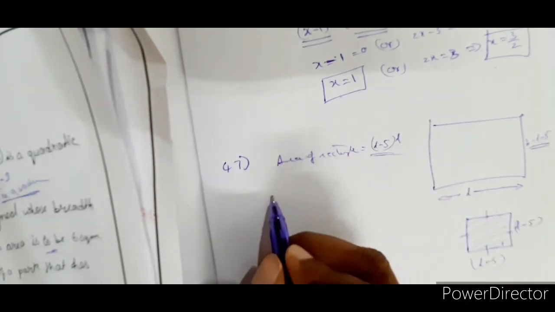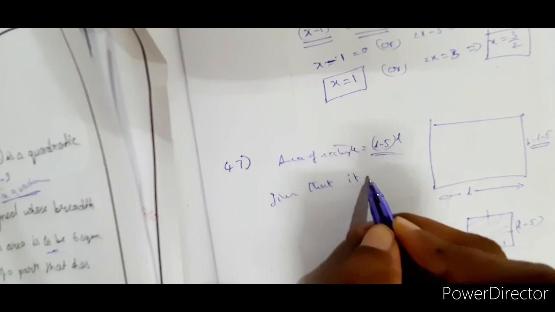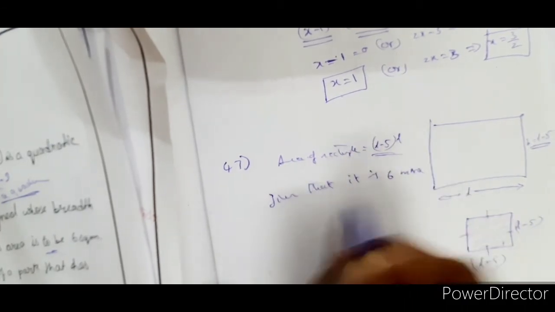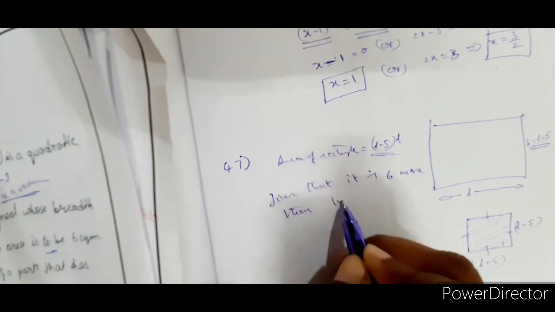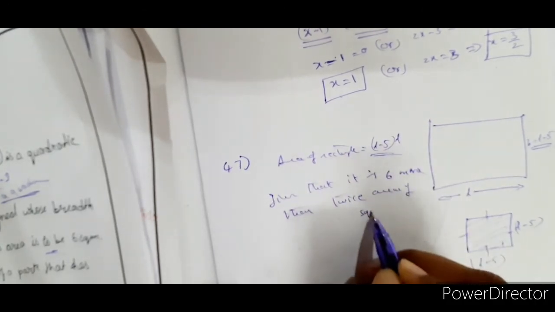So now this is given that it is 6 more than twice the area of the square.